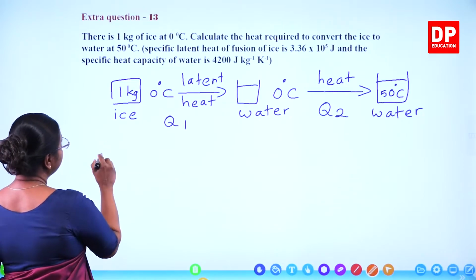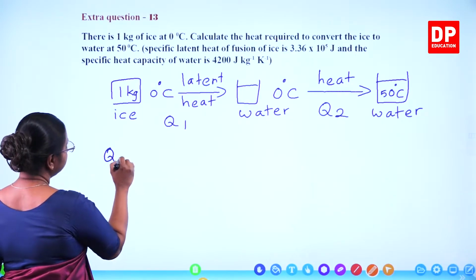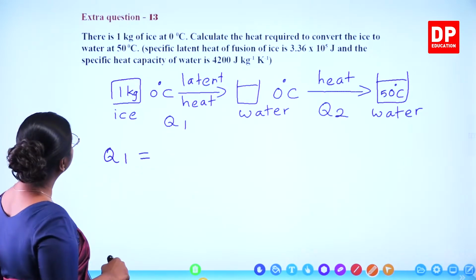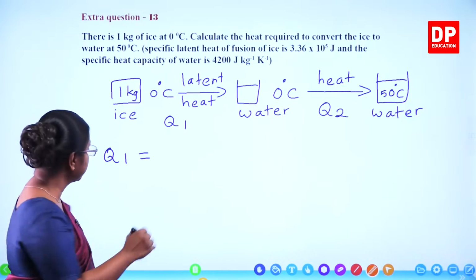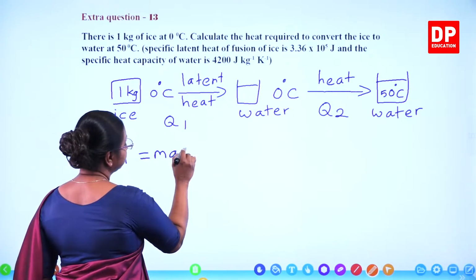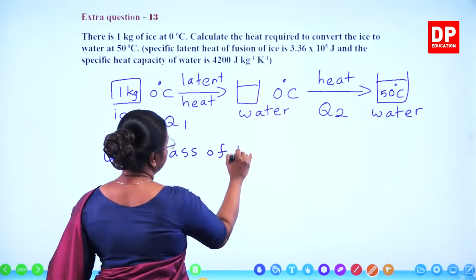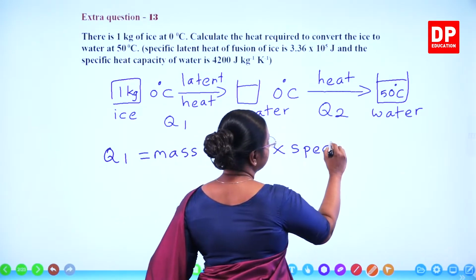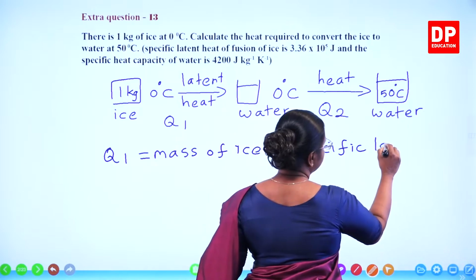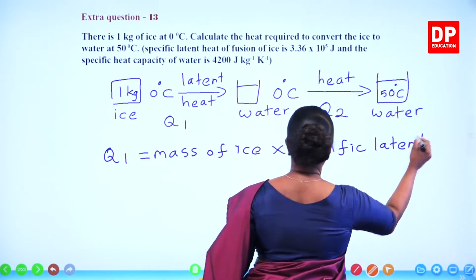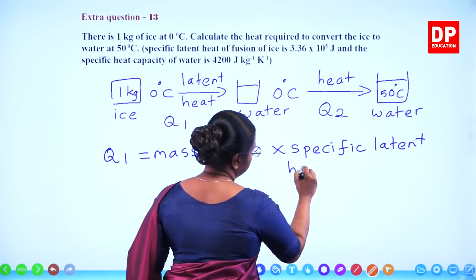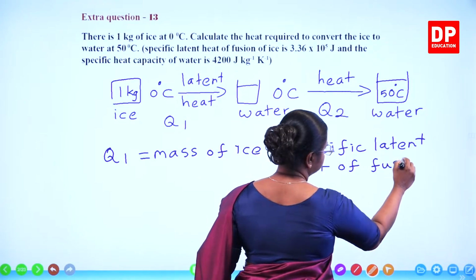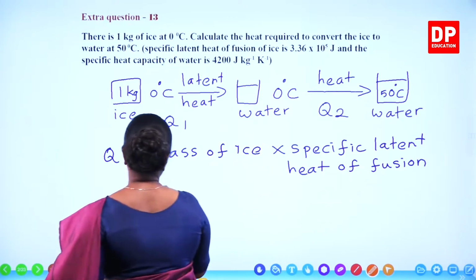So, initially Q1 is going to be what? The mass of ice, that is already given to you as kilograms. So, mass of ice into specific latent heat of fusion. So, what is the mass?